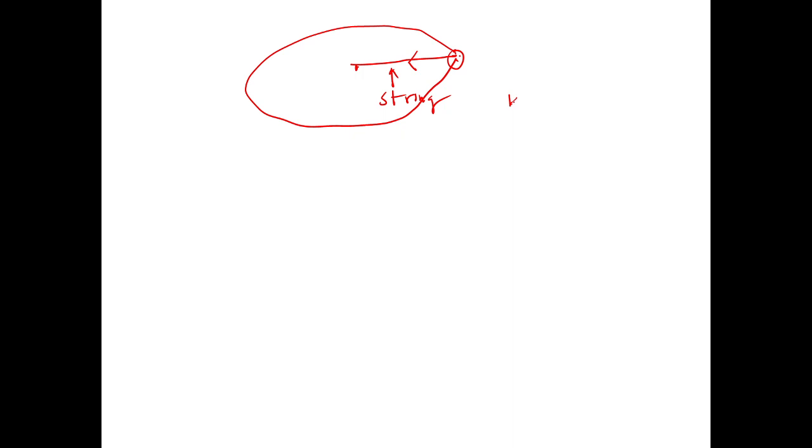So in this case work done by the string will be 0. Why will it be 0? Because at all positions displacement is tangential and force is radial, so the angle between them is 90 degree. So due to the 90 degree factor, okay.